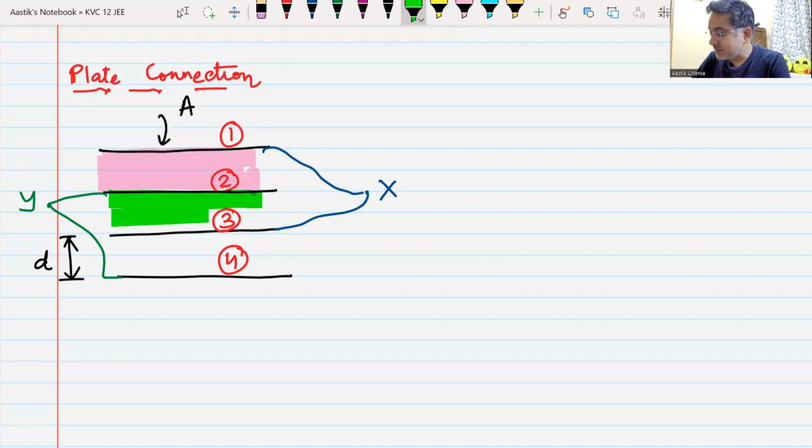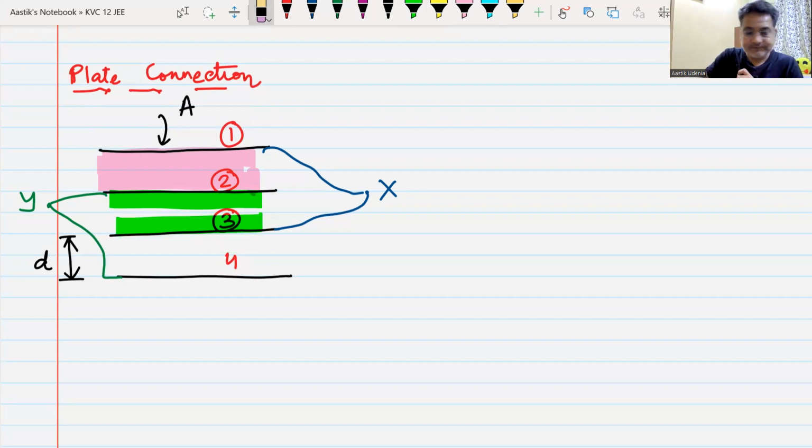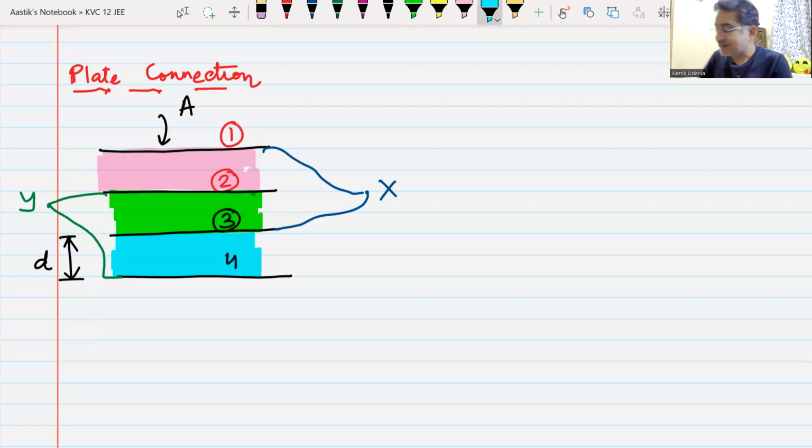Then there is a capacitor between plate number 2 and plate number 3, the green capacitor, and then there is a capacitor between 3 and 4, the blue capacitor. So there are 3 capacitors. Do you see these 3 capacitors? Yes or no? Yes, sir.